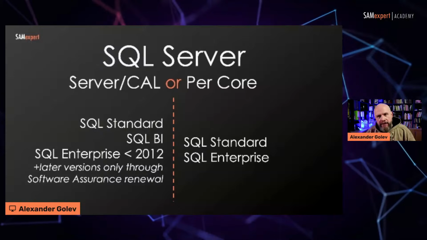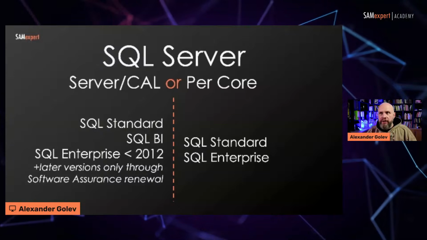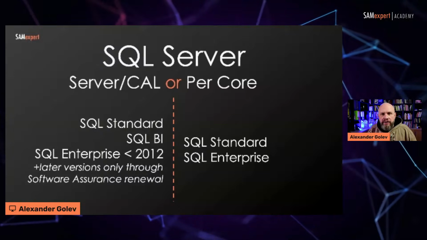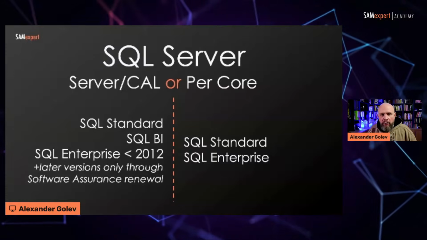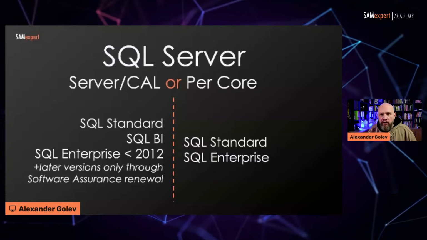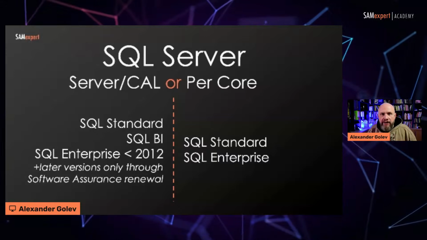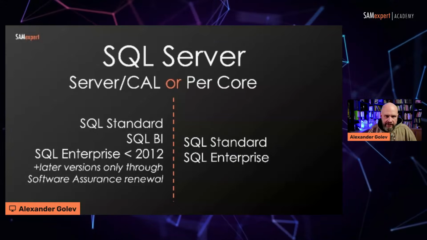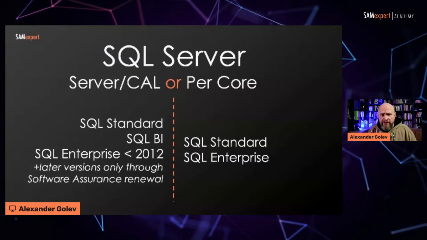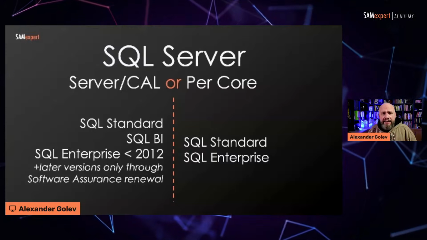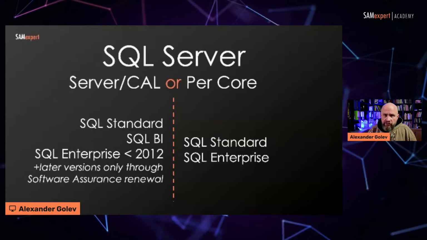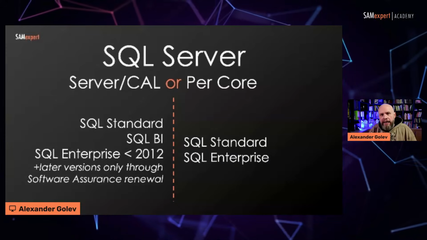The first one is called server/cal. However, I always call it server plus cal because it requires a server license, 1 license per server basically, and client access licenses. So both of them. It's not a choice between the server and the cal.